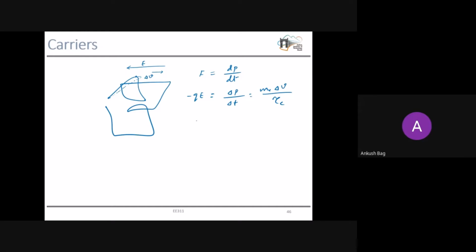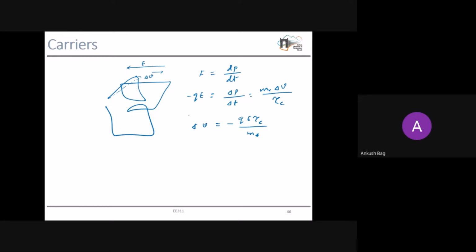Now if we further simplify this equation, it will be something like del v equals QE tau c by m star.